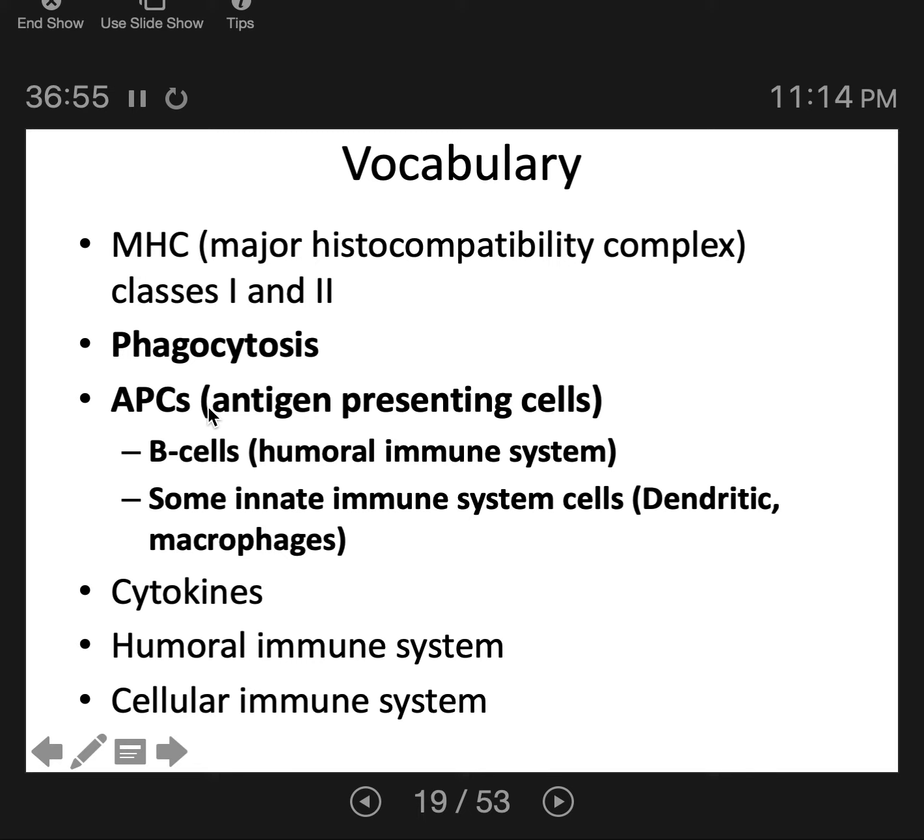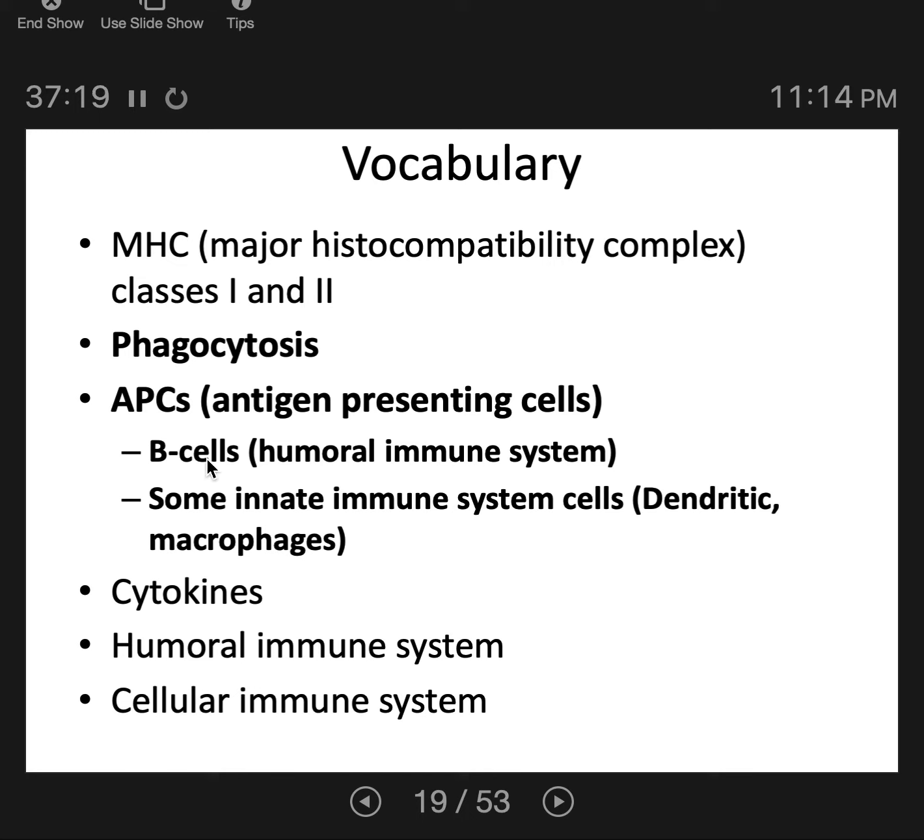Some immune cells, like APCs, ingest and digest, then take some of the digested material and display it on their MHC class 2s to other immune cells to activate them. So regular phagocytes don't communicate with other immune cells. Antigen-presenting cells are phagocytes that do communicate with other immune cells about what they just attacked.